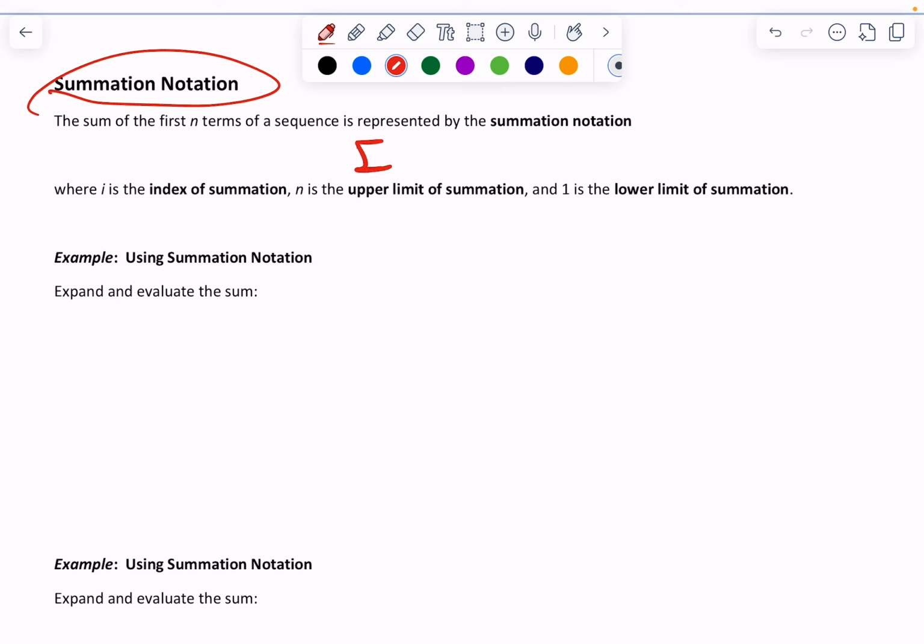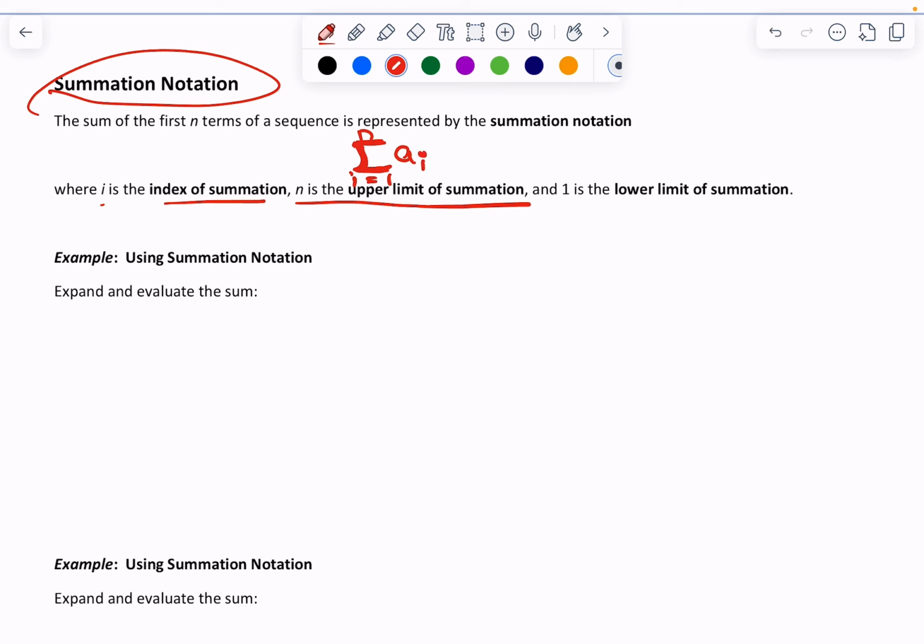It should be kind of an arc between the two lines. And we will have an i, which is the index of summation. So we'll have i here, and it starts somewhere. For example, we can say that i starts from 1, and then n is the upper limit of the summation. So n goes over here, and then we'll have a sub i.